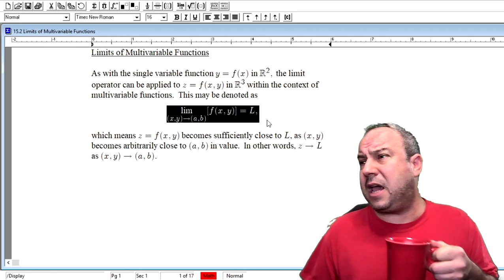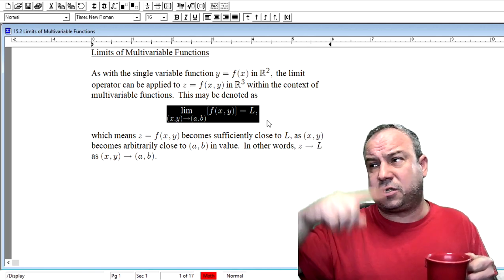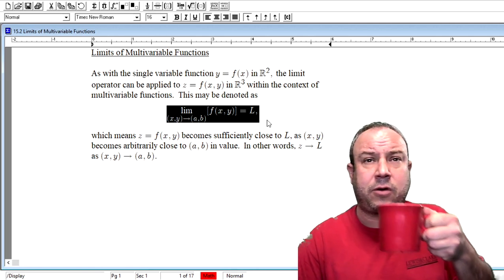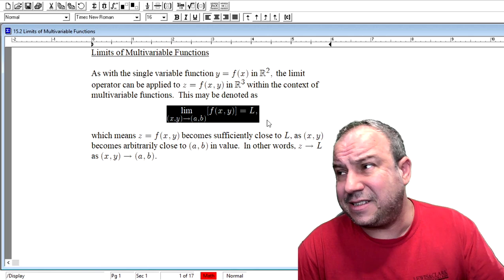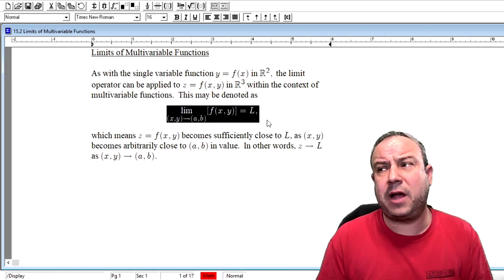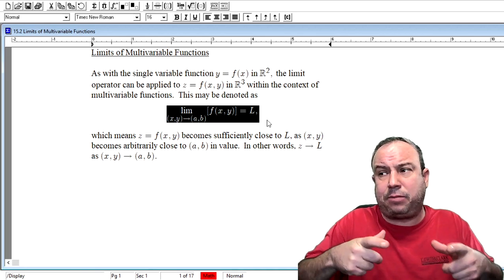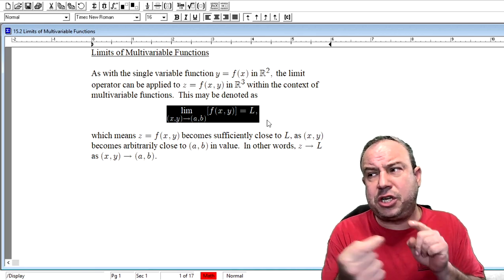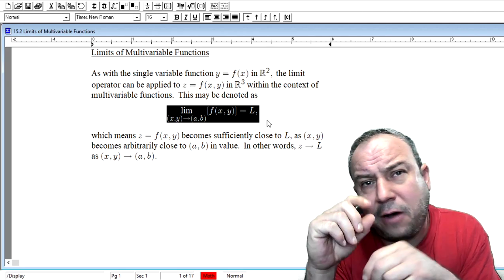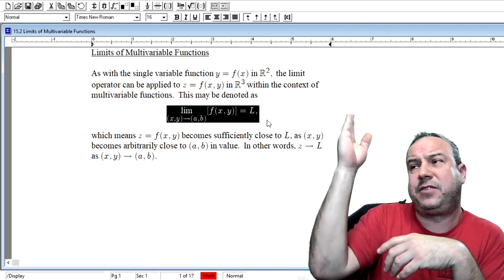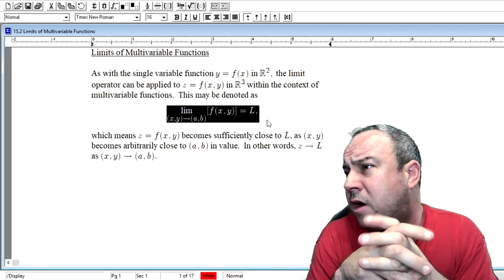We're describing the behavior of that single-valued output, which, if we think of 3-dimensional space, is tracked vertically in the up or down orientation, as x, y, this location in 2-dimensional space, what we would think of as the xy plane, approaches a, b in value. How does z behave? Does it head off to infinity? Does it not exist? Or does it approach a real number we could call the value of L?